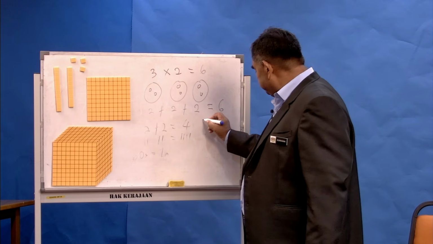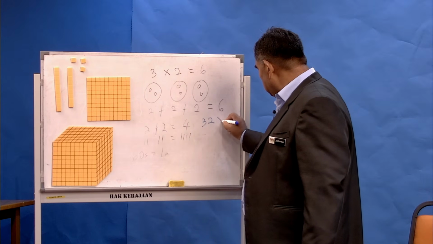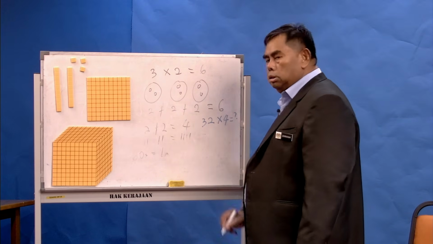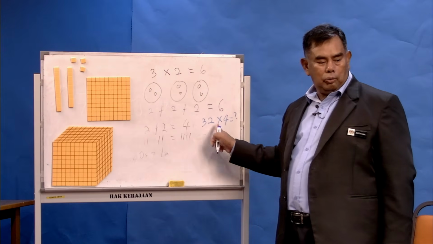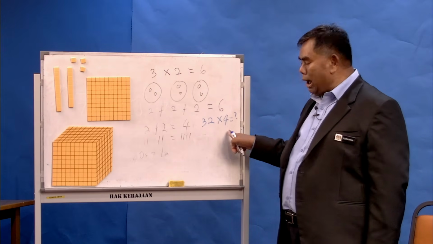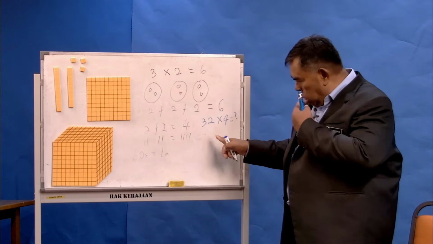Maybe we have 33 times 4 equals what? How to solve this? We have a few algorithms or a few procedures or a few steps.